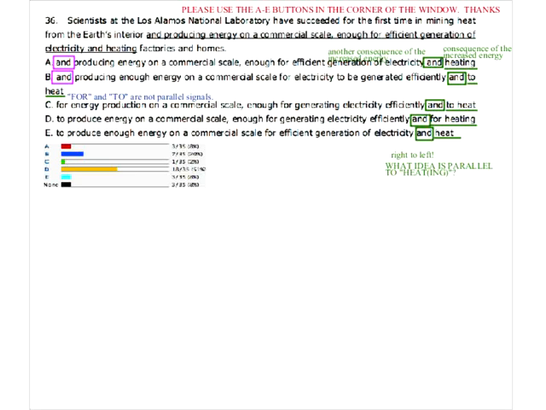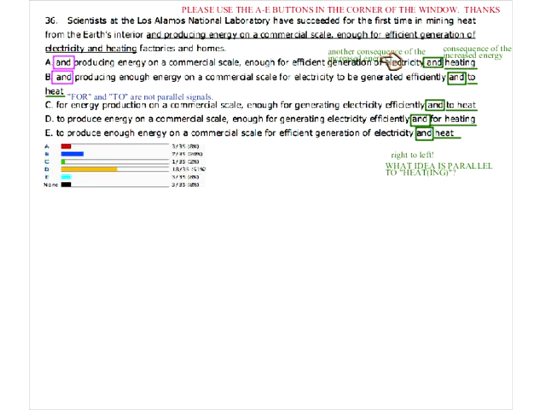These ideas over here at the other side of the sentence are not parallel to heating. So we're not looking at them right now. It's just generating electricity and heating homes. So right to left, this is heating. If this is heating, what has to be over here? Text box.